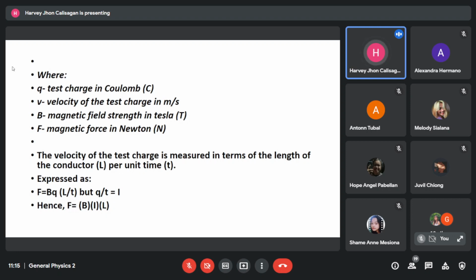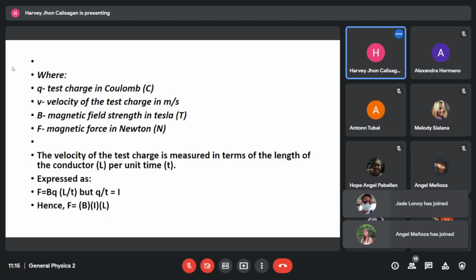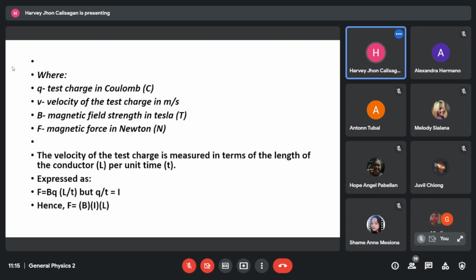For example, most problem sets are not directly talking about current. They will give you only the charge and the time, so you have to at least have an idea of how to simplify or understand what is given. But if you are familiar with the formula, you can get what you need to find directly.